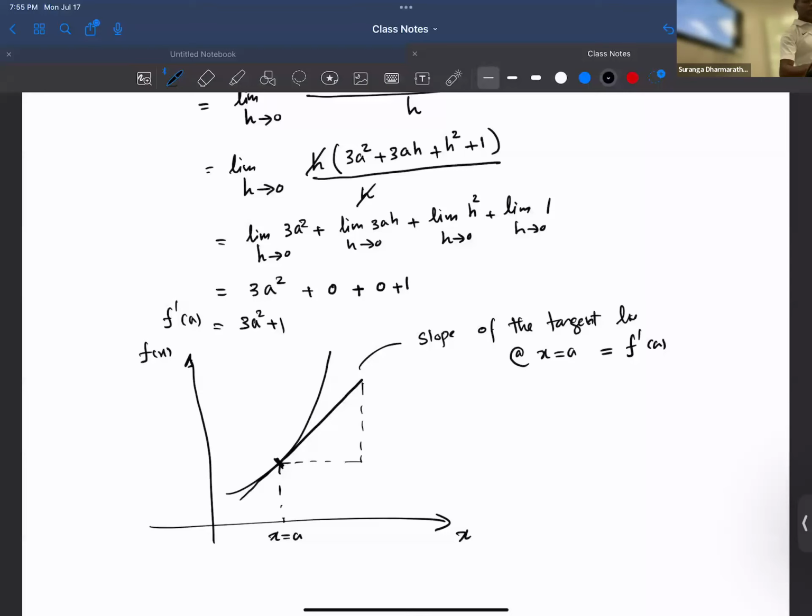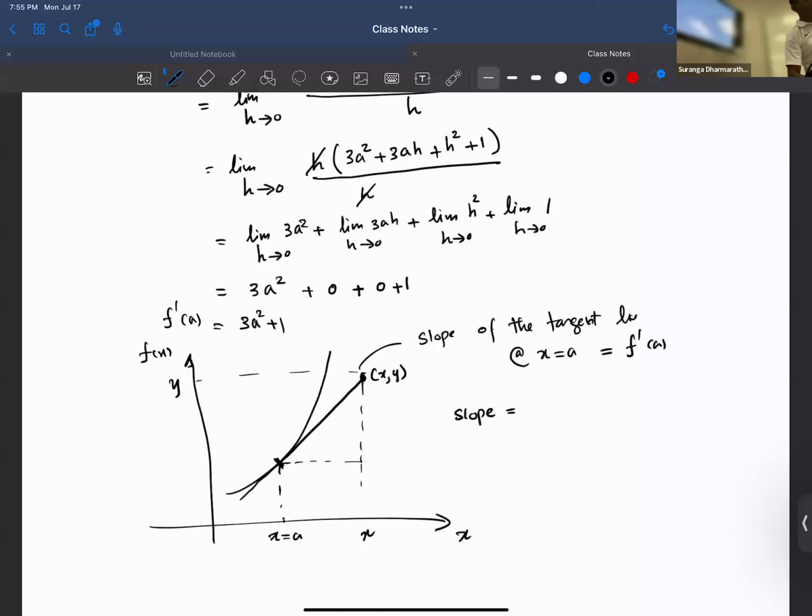And if you know any point x and y on this tangent line, just an arbitrary point x and y, how do I write the slope without using f prime a?